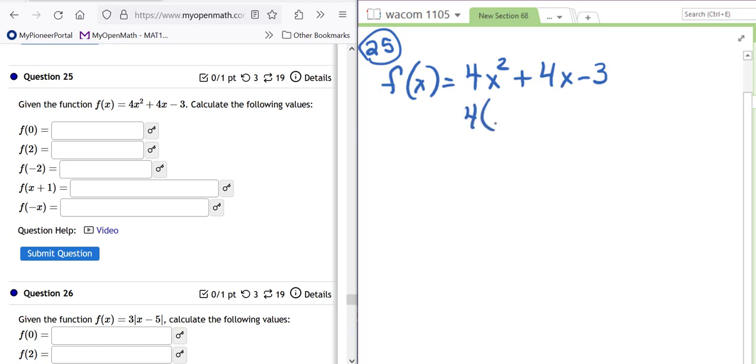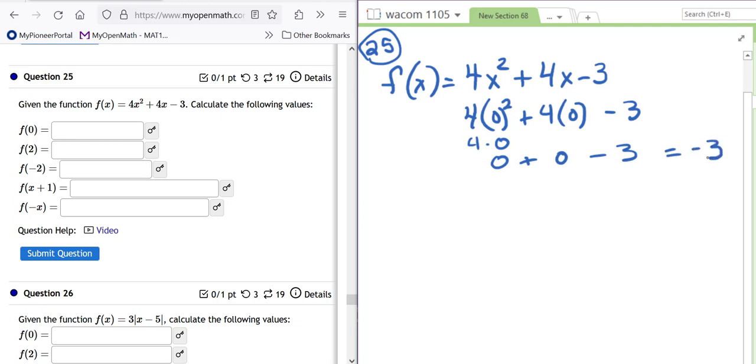So 4 times 0 squared plus 4 times 0 minus 3. And then you work it out with order of operations. The exponent has to go first. 0 squared is 0, and then it's going to be times 4. Right? And then we'll go across. The multiplications have to be done before you add or subtract. So this is 0 plus 0 minus 3. This one gives us -3.